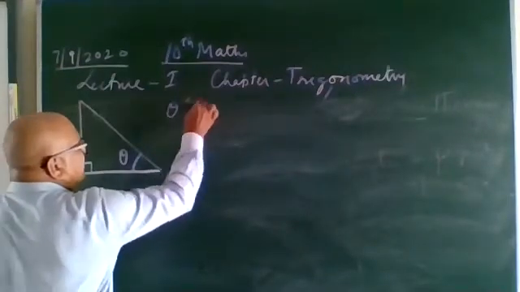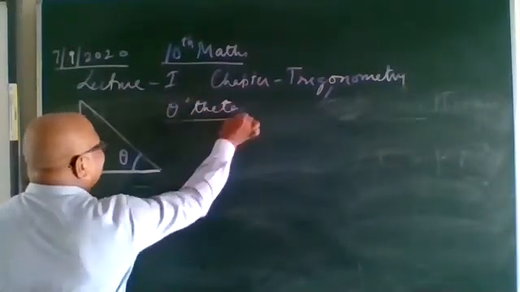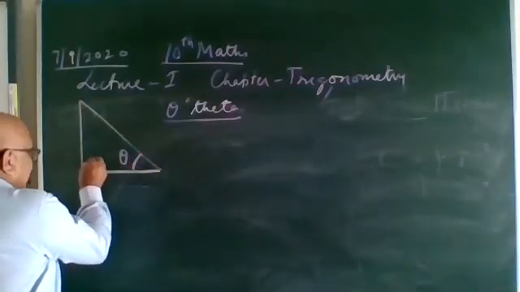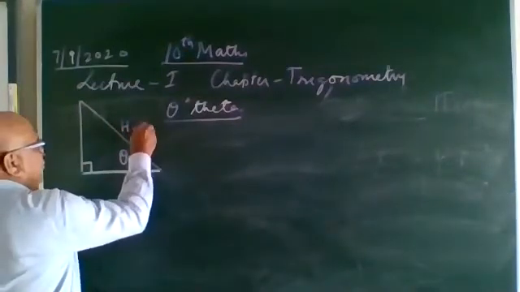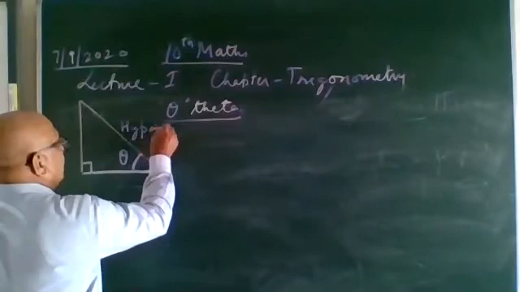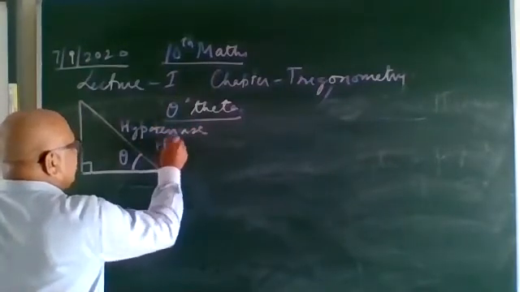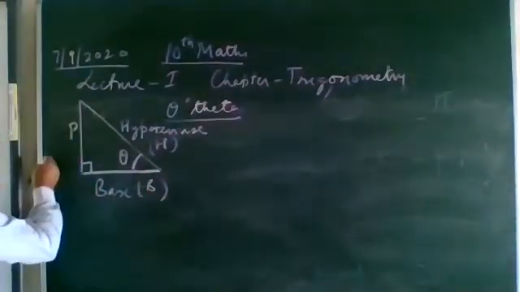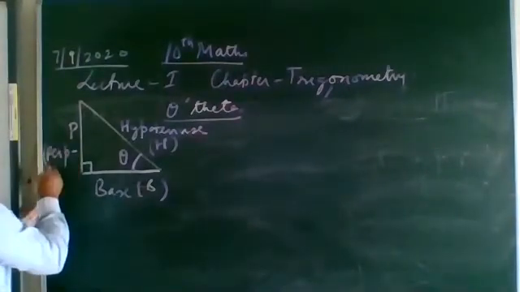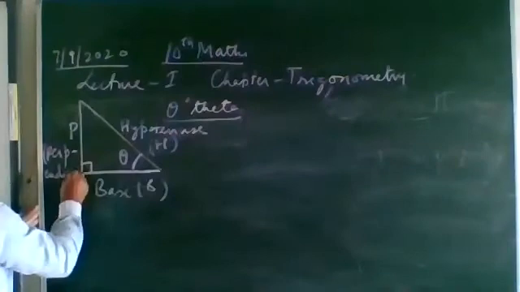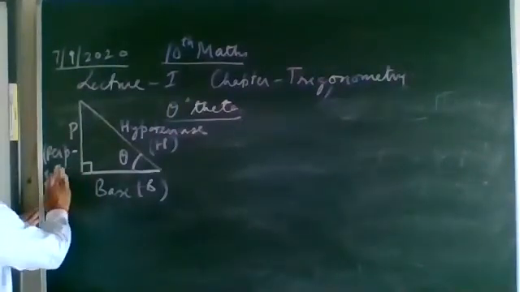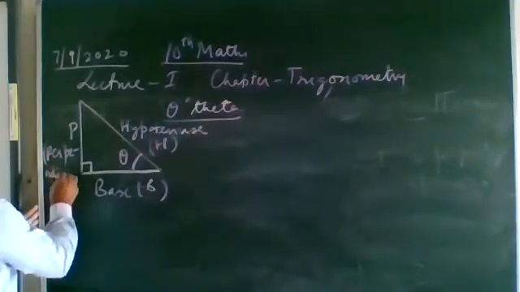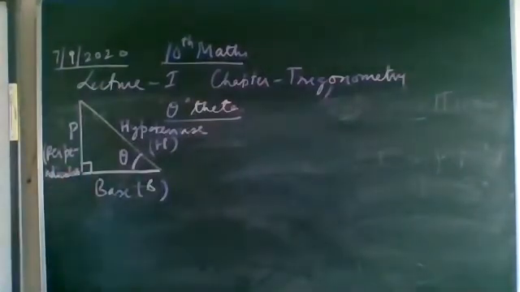The side opposite to 90 degree is the hypotenuse, that is H. This is the base B and this is P, the perpendicular.